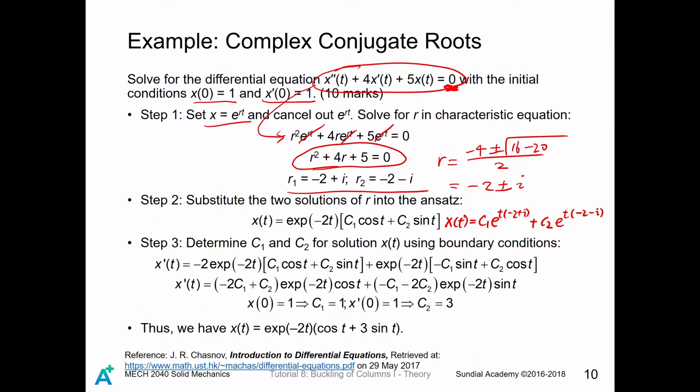To obtain a solution, first we take out the real part of this power. For both of the e to the power t terms, you have minus 2t that can be taken out. So I write here, x(t) equals e to the power minus 2t, bracket c1 e to the power it plus c2 e to the power minus it.